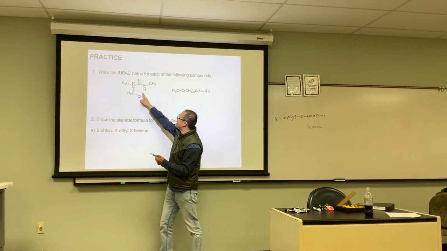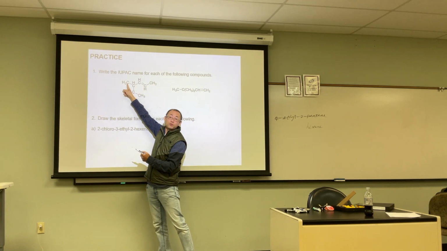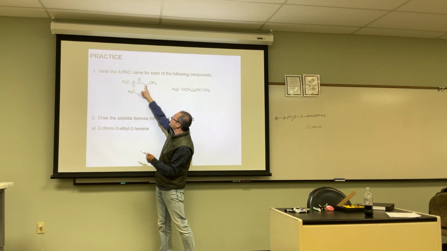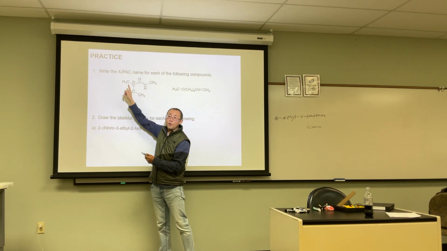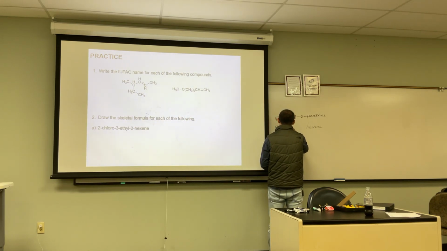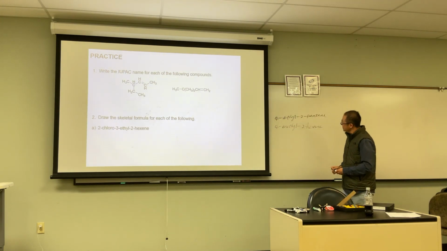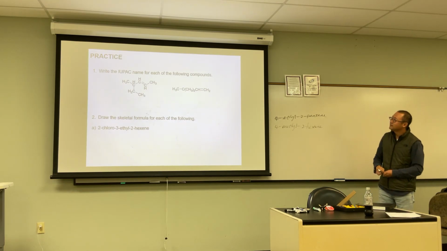Whatever is not on the longest chain is which group? The methyl group. Where's the methyl? 1, 2, 3, and 4. So the name should be 4-methyl 2-hexene.